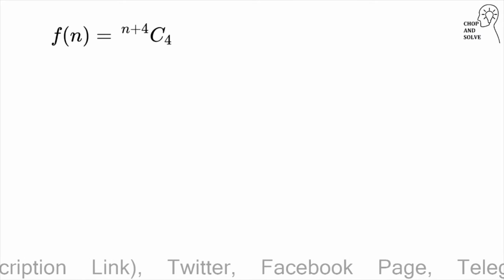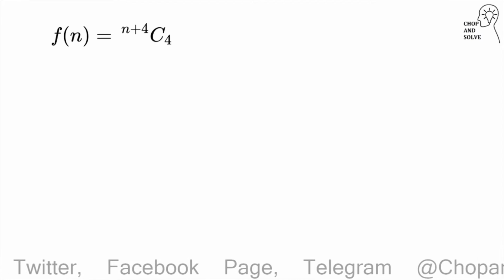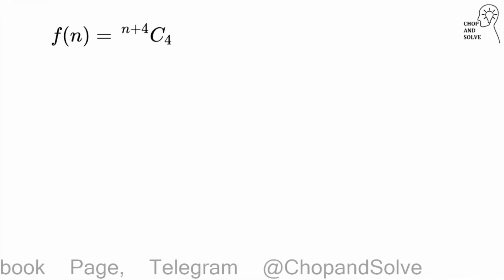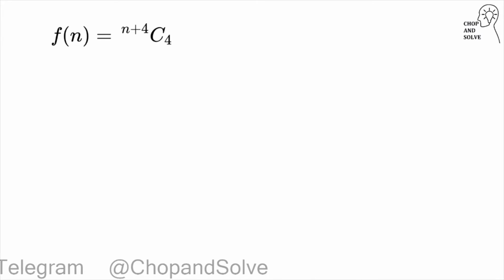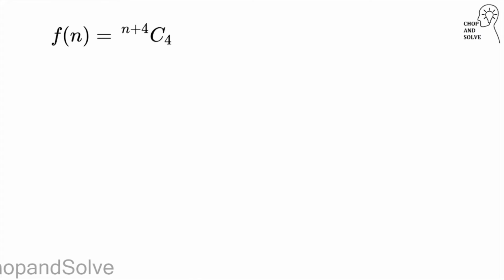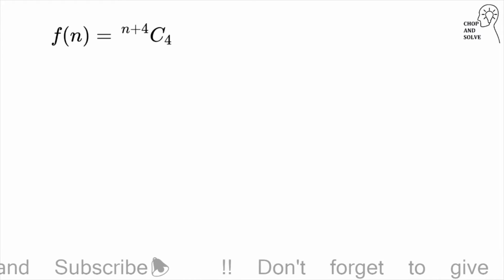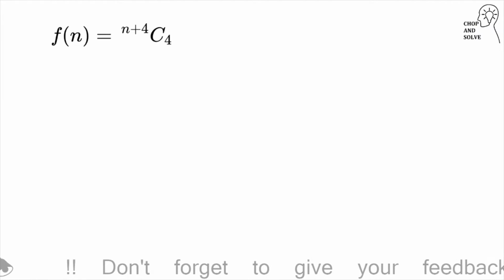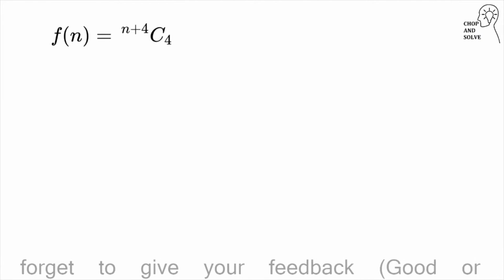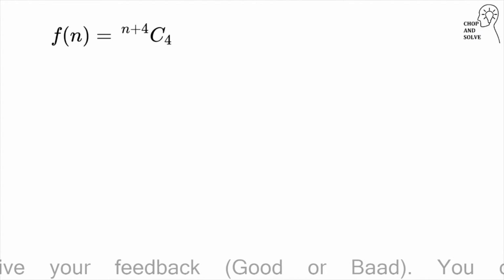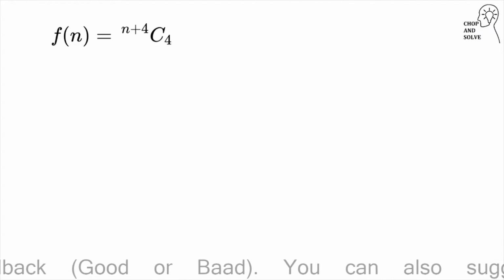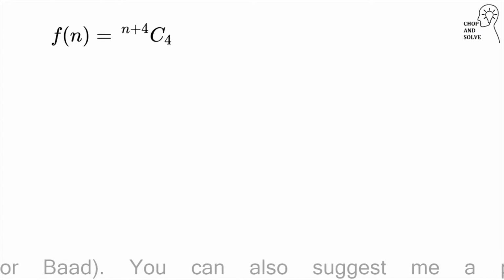At first, there is a formula for the number of non-negative solutions, obviously that means it includes 0 and positive numbers. If there are r variables and their summation is n, then the number of solutions is n plus r minus 1 choose r minus 1.